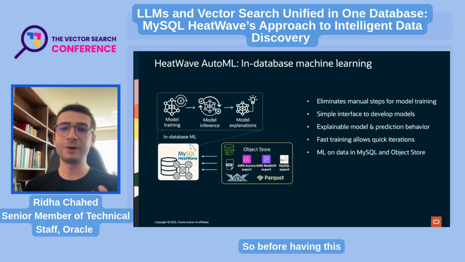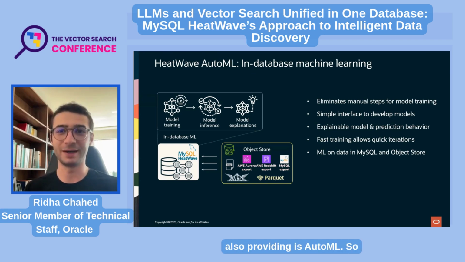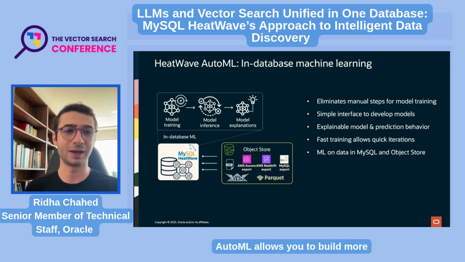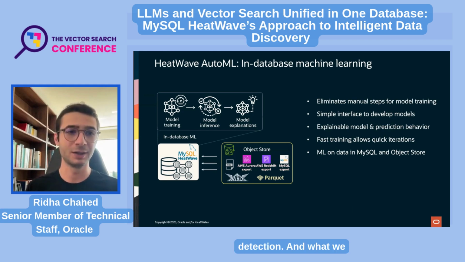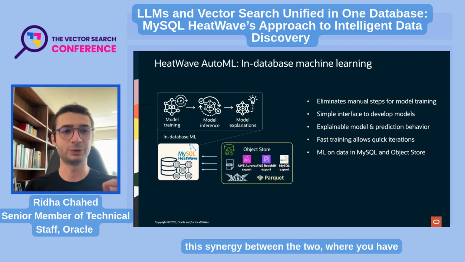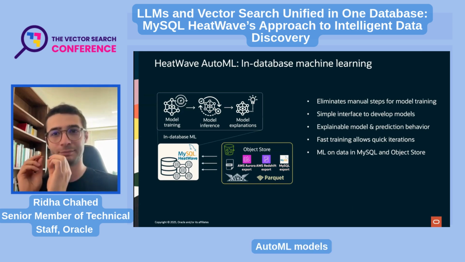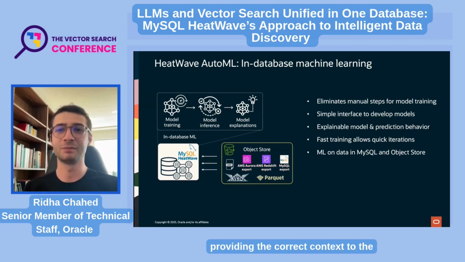Before having this LLM integration, what MySQL HeatWave was also providing is AutoML. AutoML allows you to build more classical ML models such as recommender systems, forecasting, and anomaly detection. What we have seen when people build their application is a synergy between the two, where you have AutoML models do pre-processing before providing the correct context to the LLMs.